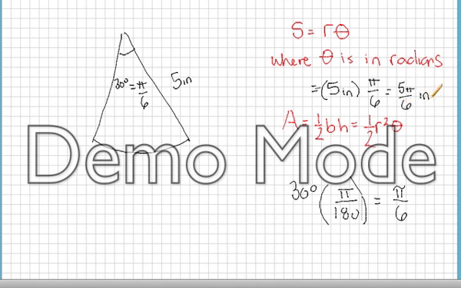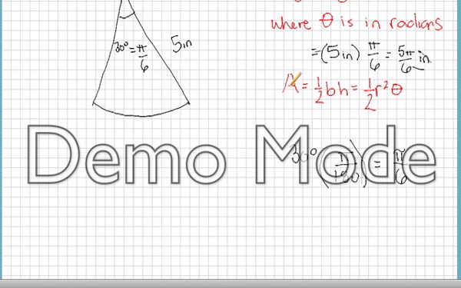The units are very important here since they're given, so go ahead and include those in your answer. If you approximate this, it should be approximately 2.62 inches, but I'm going to go ahead and leave my answer in exact form. Now let's go ahead and figure out what the area of this sector is.